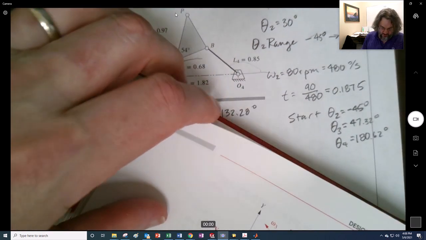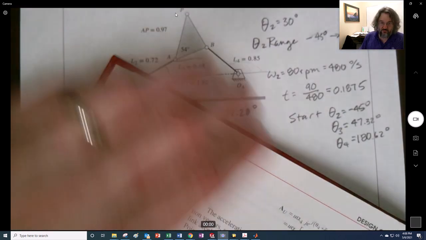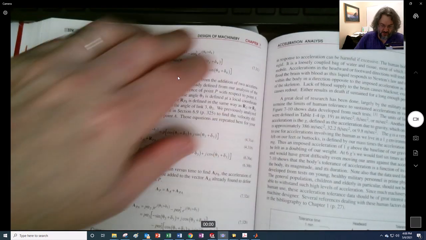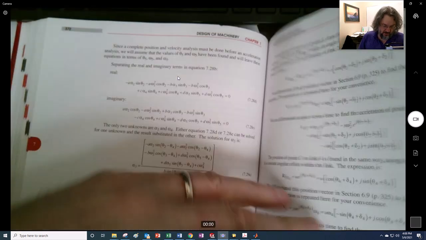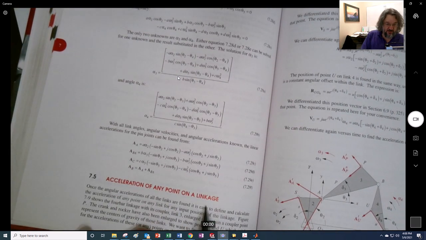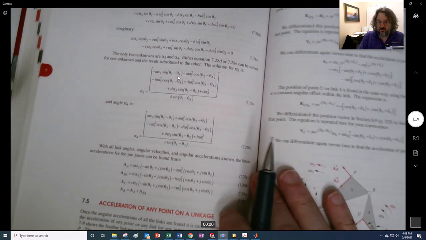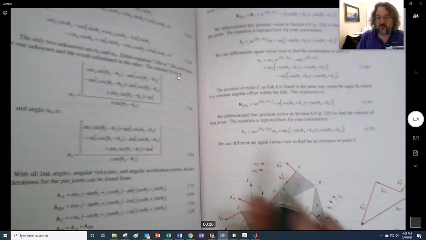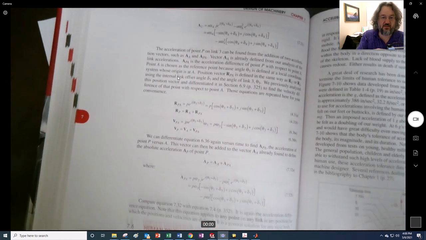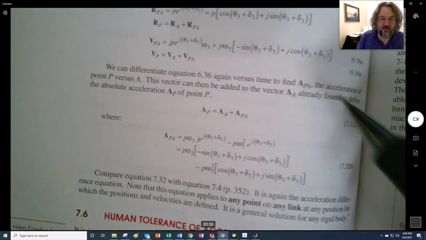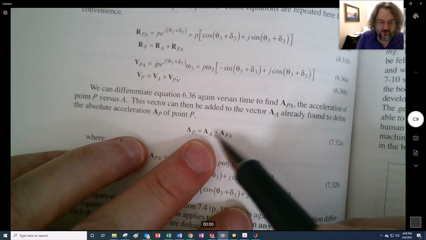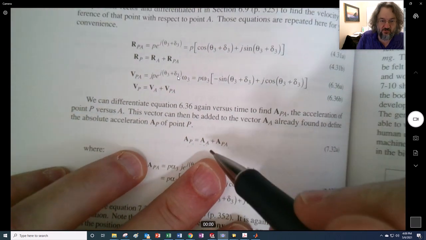If we go to chapter 7, which is where we have acceleration right here, and we take a look at this section right here, acceleration of any point on a linkage, they tell us a bunch of stuff, but the basic thing we go back to is for rigid body acceleration is a combination of translation and rotation, which is really what this is, right?